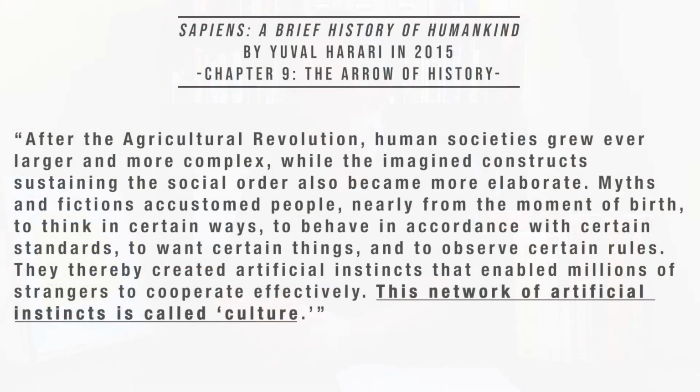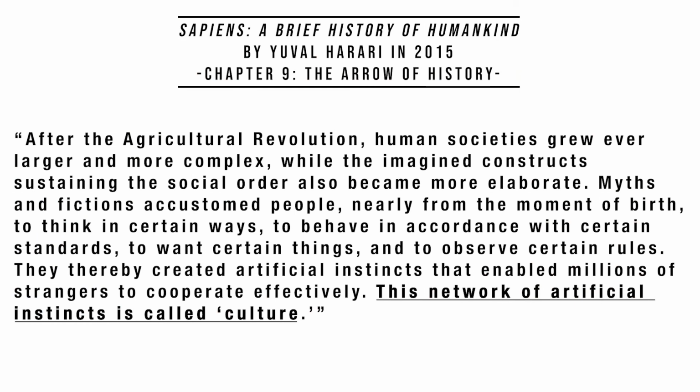In a recent, very well-known popular book, Sapiens: A Brief History of Mankind by Yuval Harari, he describes civilization as being almost exactly the same as Wells. In his chapter called The Arrow of History, he says, after the agricultural revolution, human societies grew ever larger and more complex, while the imagined construct sustaining the social order also became more elaborate.